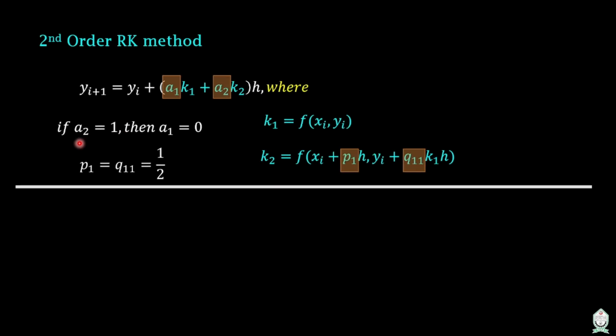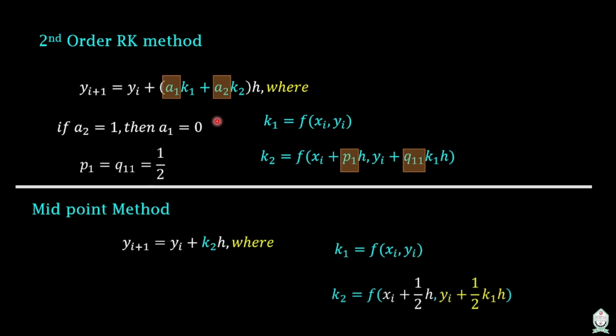If we assume the value of a2 in second order RK method to be 1, then correspondingly the value of a1 becomes 0 and the values of p1 and q11 become half, which leads to a new variant of second order RK method that is called the midpoint method.